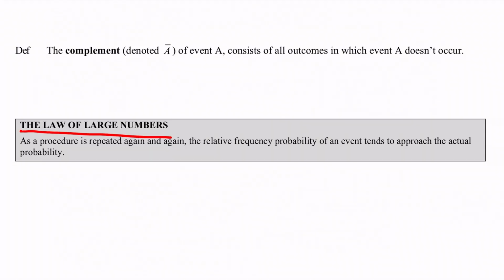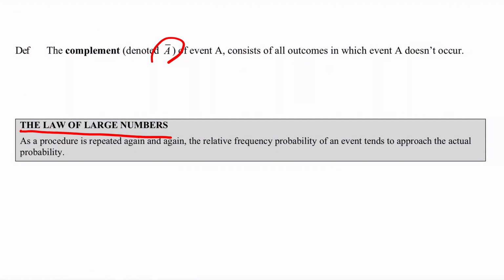And one other thing here that we're looking at is the complement of an event A, which is denoted A bar. So we put the bar on top of the letter A to denote the complement of an event. And we would think of that as the event of all the cases where event A does not occur.